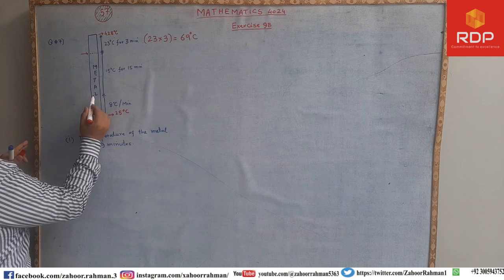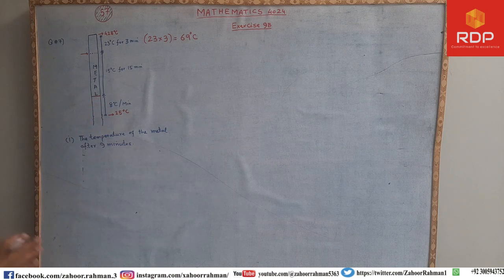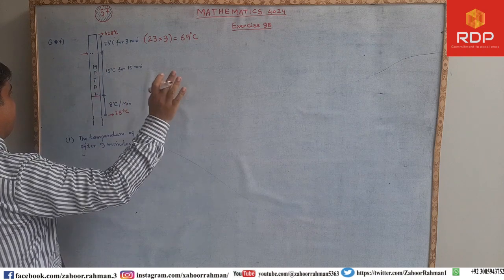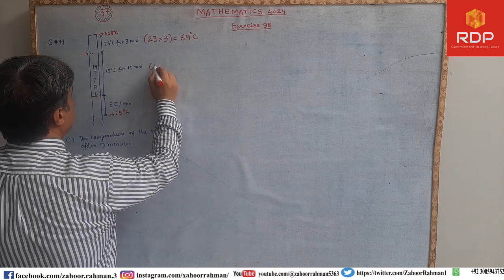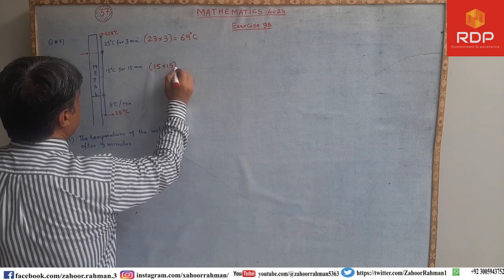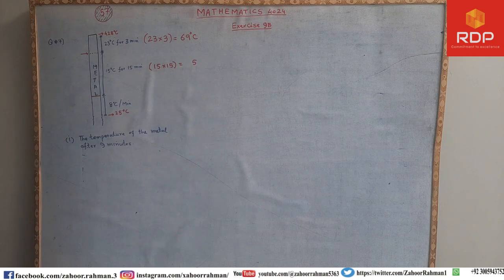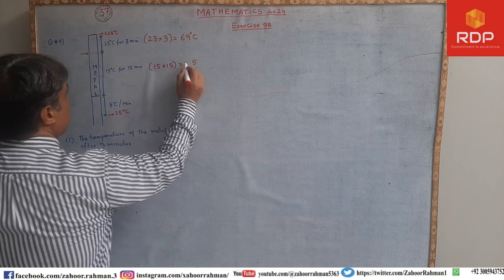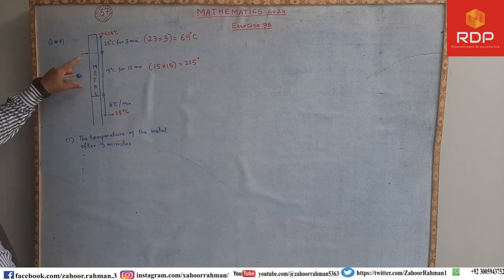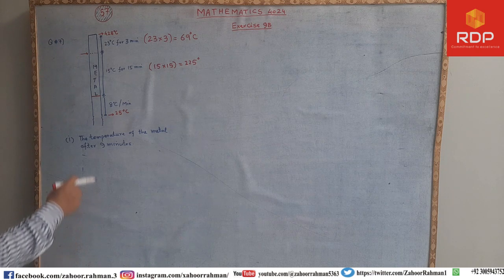Now in the next part, it is cooling down till this area, for example, at 15 degrees Celsius per minute. So we have to multiply 15 with 15, which equals 225 degrees Celsius.